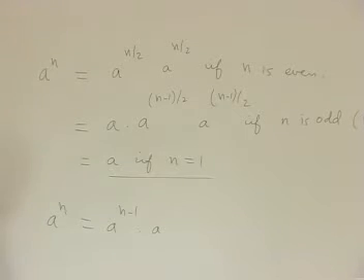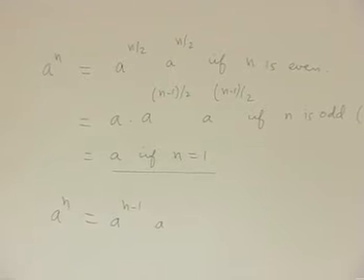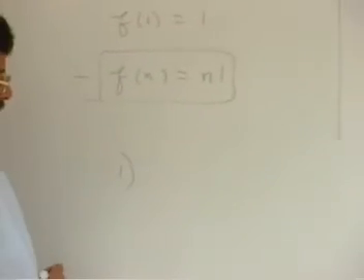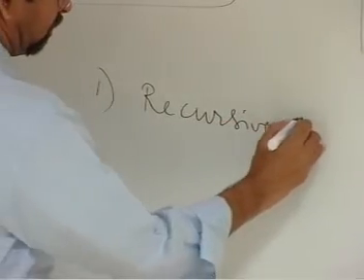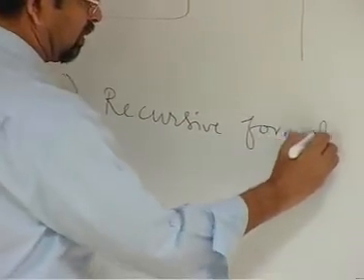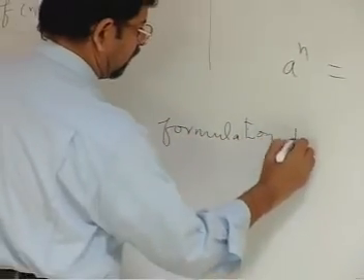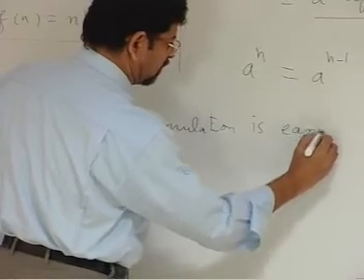So, why are we doing this? There are two reasons why we have to look at certain things in this way. One is that recursive formulation is easy to make.